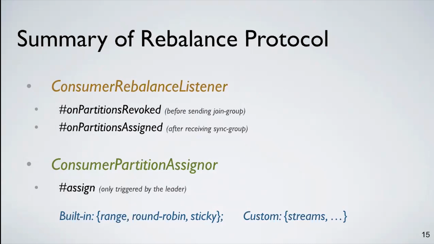And from Apache Kafka, we have a couple of built-in, out-of-the-box assigners, such as the round robin and the range, and also the sticky assigner, which tries to give back the partitions to their original owners whenever a rebalance is triggered, like the example I showed you.